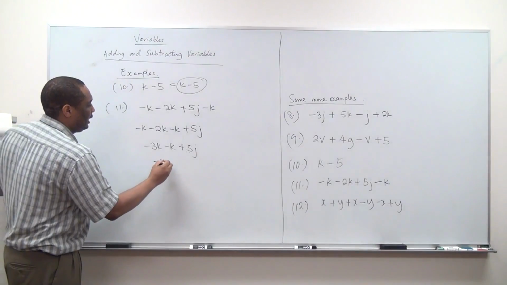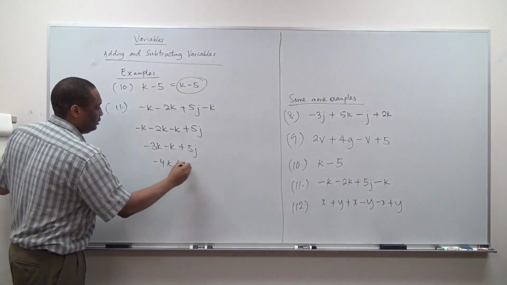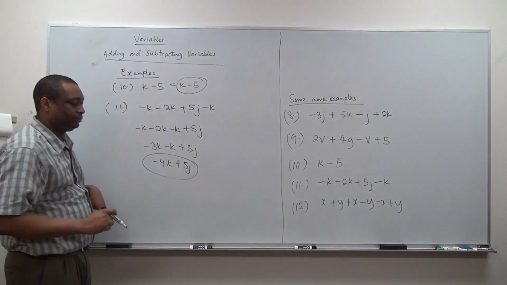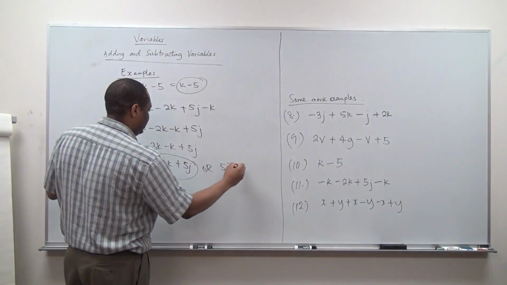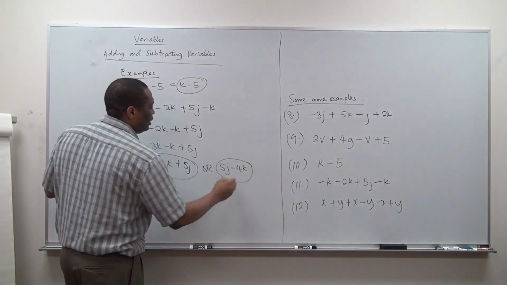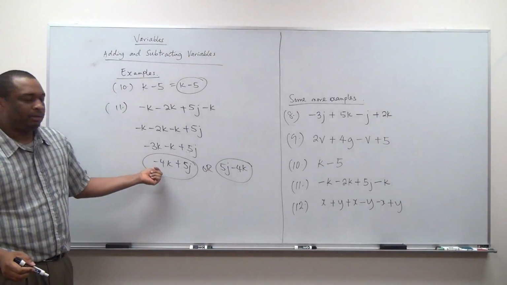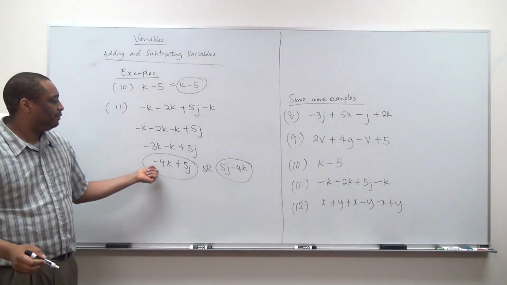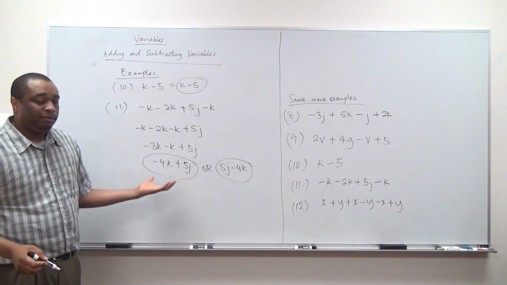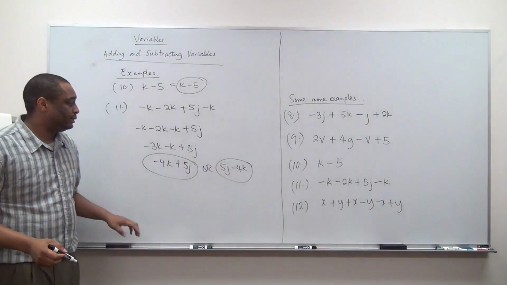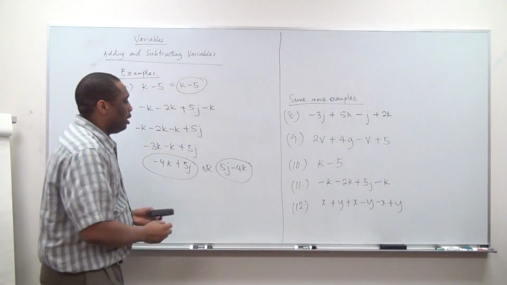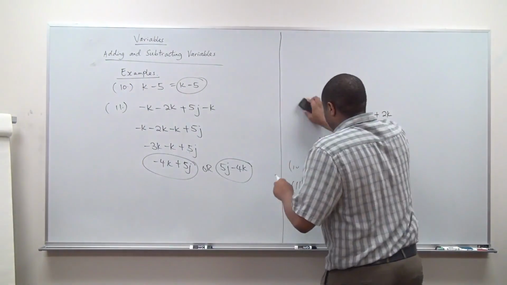So this is negative 4k plus 5j. And that is it. Now, some textbooks would like to write it 5j minus 4k because we don't like writing negative in front of something. So if you write it this way, you're still correct. 5j minus 4k. Okay, number 12, and I'll be rounding up.